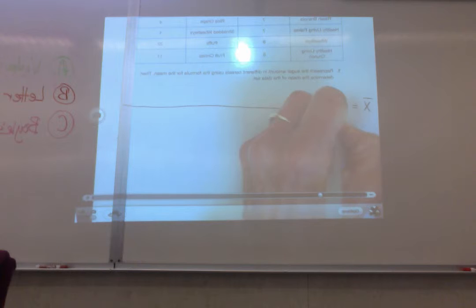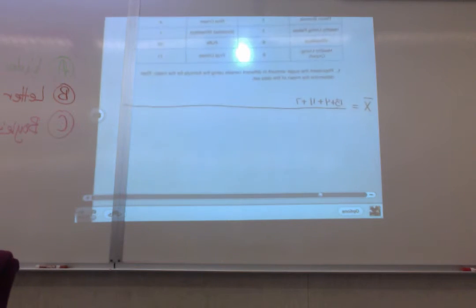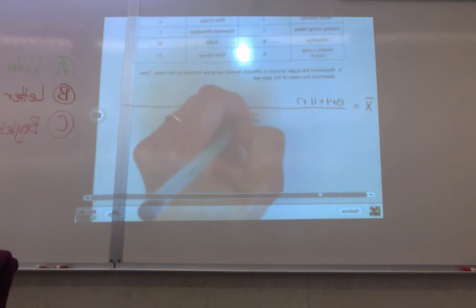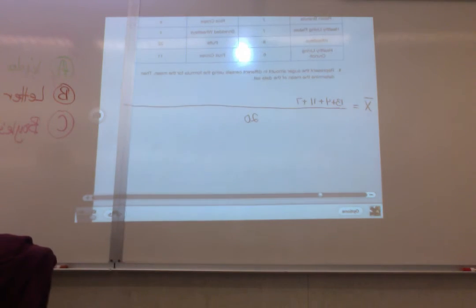13 plus 4 plus, etc. Continue. Write them all down, please.